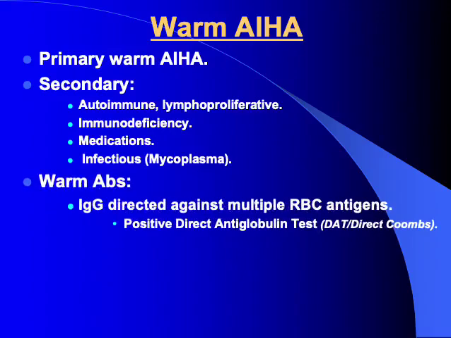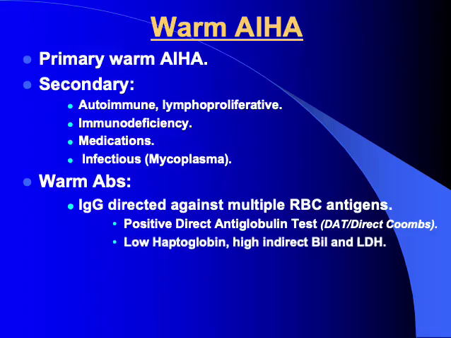The warm antibodies are IgG directed against multiple RBC antigens. And as I said, we test those with direct Coombs, so the direct Coombs should be positive. So for warm immune hemolytic anemia, the test of choice is direct Coombs test, and it should be positive to make the diagnosis of warm autoimmune hemolytic anemia.